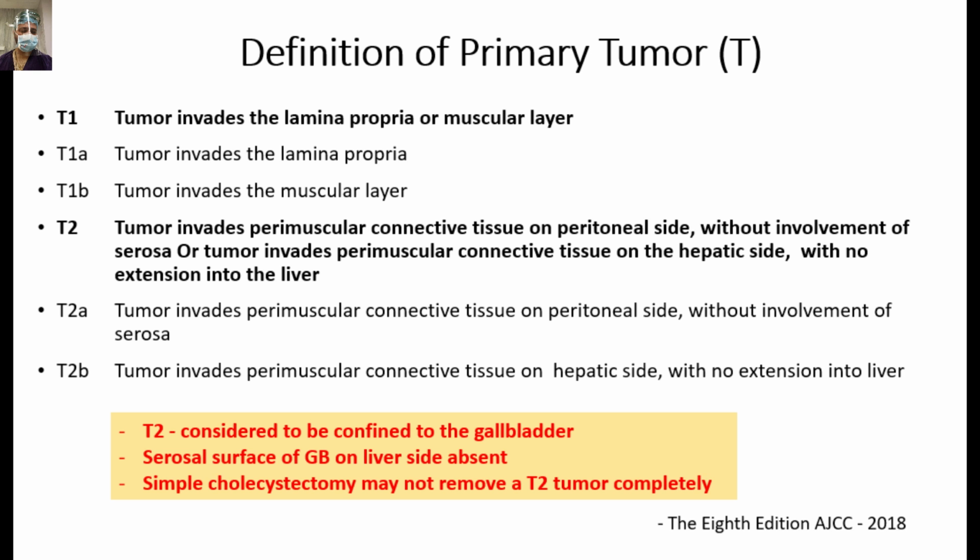So any tumor which is invading towards the liver, that is T2B, has a bad prognosis, and that's the reason that simple cholecystectomy is not sufficient for any tumor which we find later on after cholecystectomy. So we need an extra surgery, that will be completion extended cholecystectomy after incidental carcinoma gallbladder.